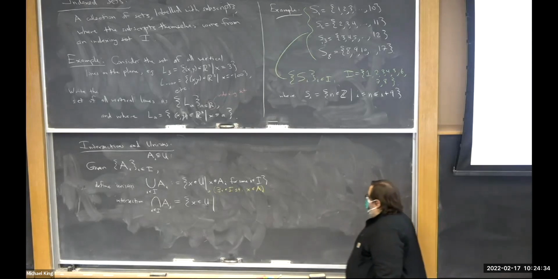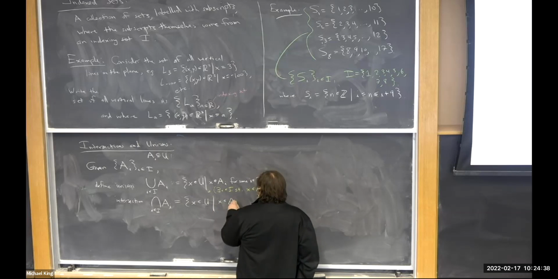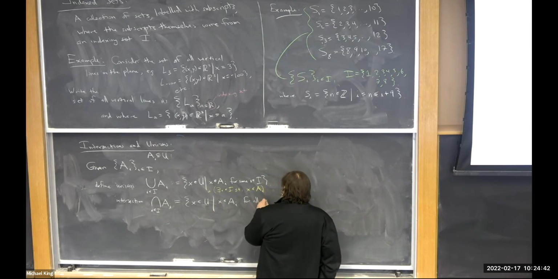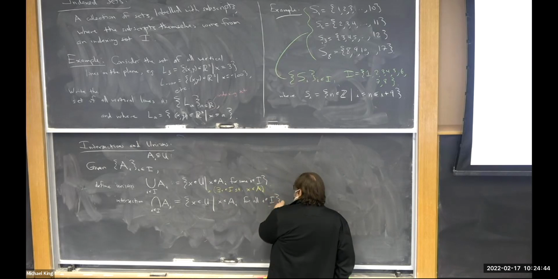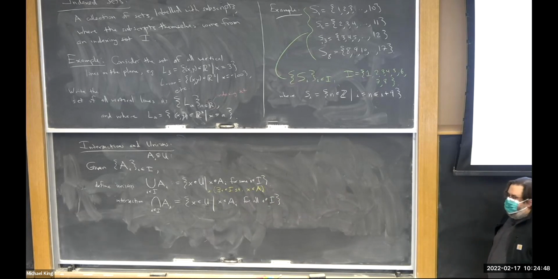So you could say x is in A_i for all i in I. Okay, so that's the intersection of a set of index sets. Make sense? Any questions?